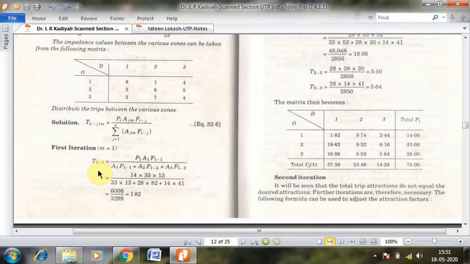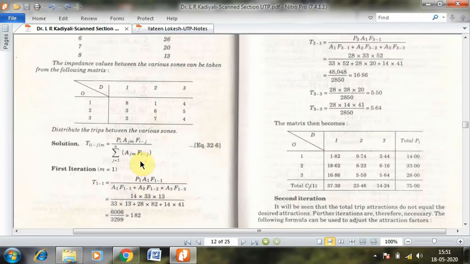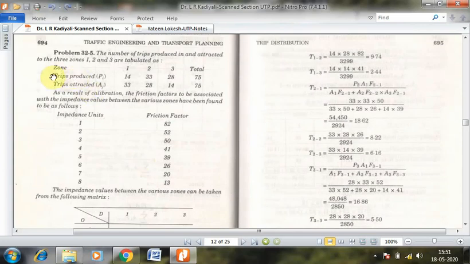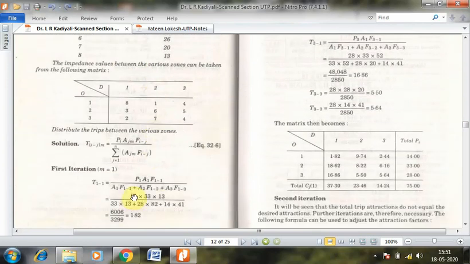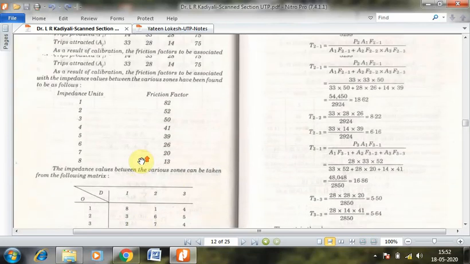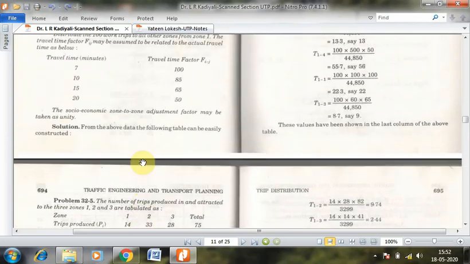Now when we are considering the origin as 1 and destination as 1, what would be P1? P1 is the trips originating from zone 1 or trips produced from zone 1, that is 14. P1 is 14. That 14 is being substituted here, multiplied by A1. What is the trips attracted to zone 1? That is 33.